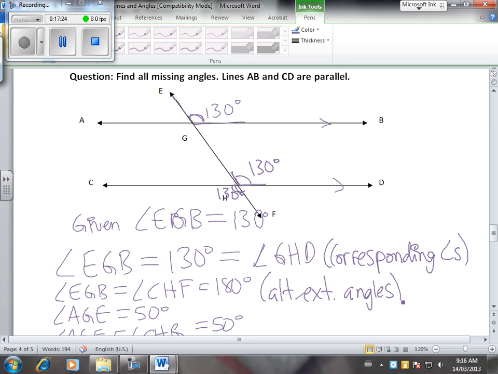Okay, we can look at angle AGE. So AGE, this angle right here. And because these are on a line, these will be what we call supplementary angles. So we'll know that they have to equal 180 degrees, and that makes this 50 degrees.